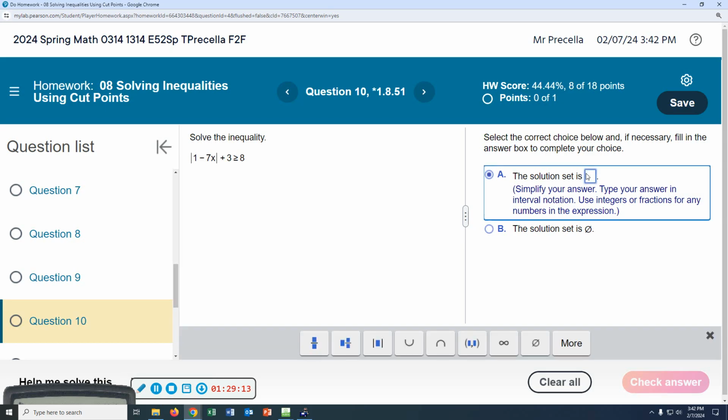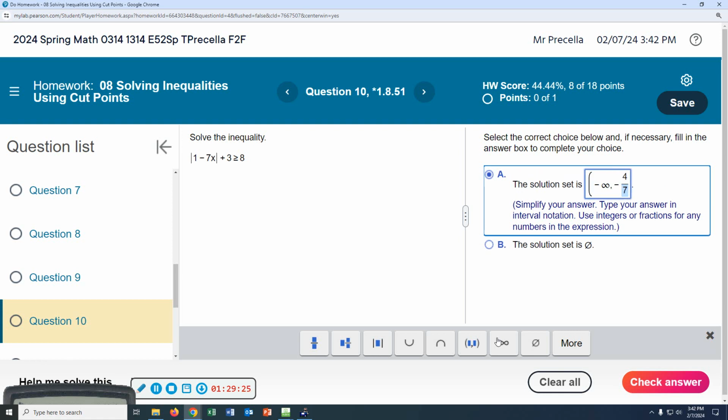Let's see. So I'll type in parentheses, negative infinity, comma, negative 4/7, right arrow to get out of the fraction, the denominator, square bracket, union, bracket, 6/7.